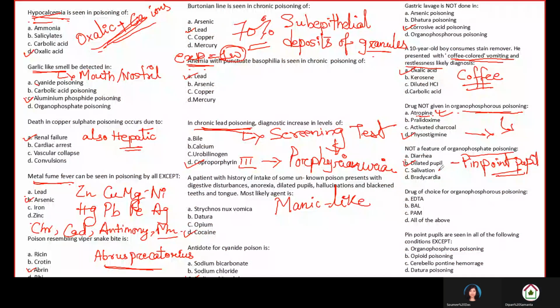So dilated pupil is not a feature; pinpoint miosis will occur, not dilated. Okay, so next, the drug of choice for organophosphate poisoning is PAM, or pralidoxime, a specific cholinesterase reactivator. This PAM is the answer.